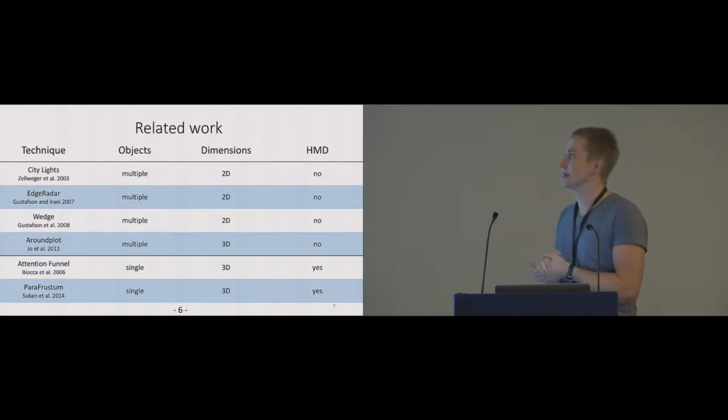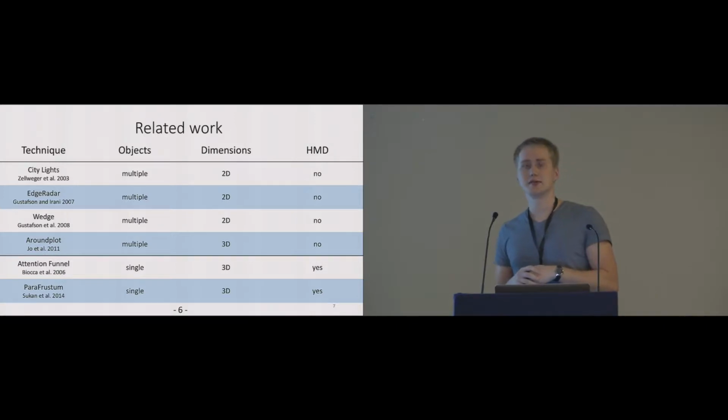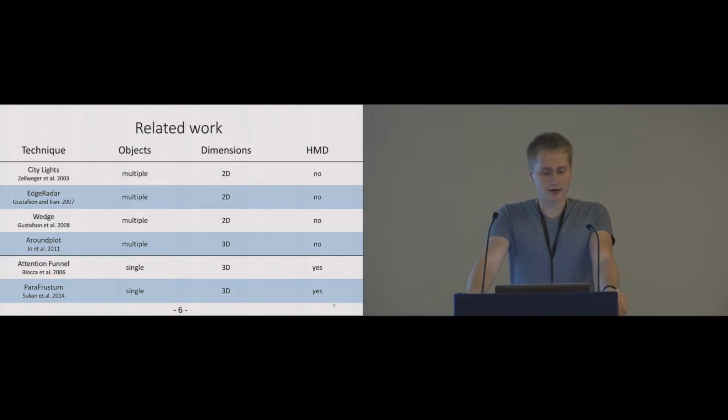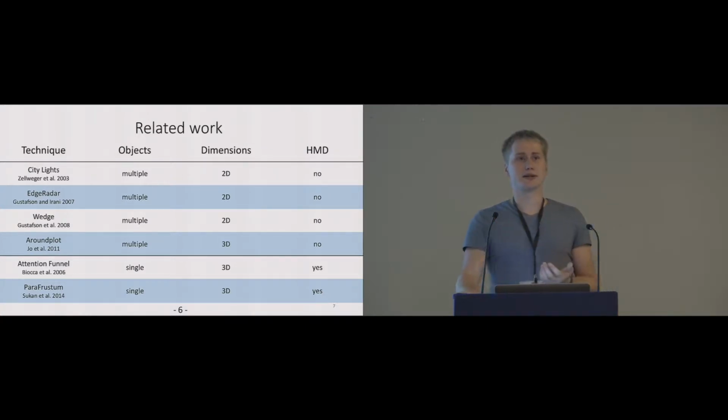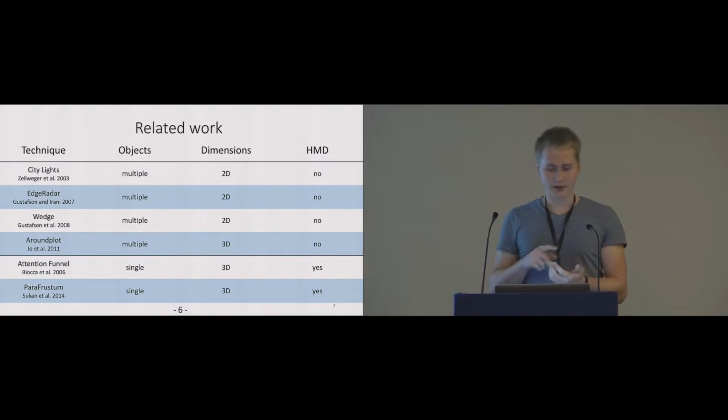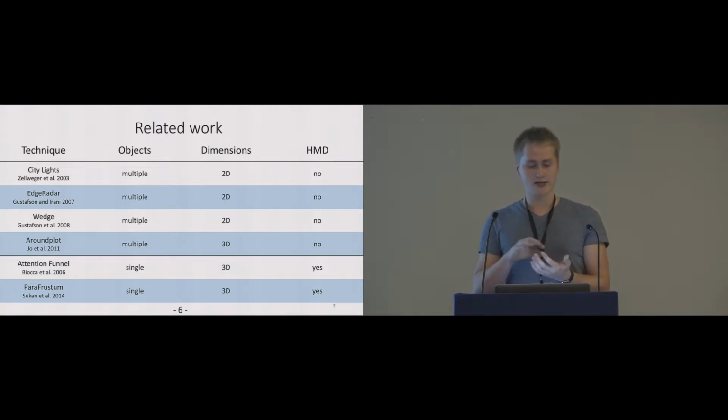There's a lot of related work going on, because a few years ago, in the beginning of the century, there were lots of people looking into off-screen visualization, which is quite close to this topic. Off-screen visualization means that you have a smartphone which has a limited display, which is quite small.